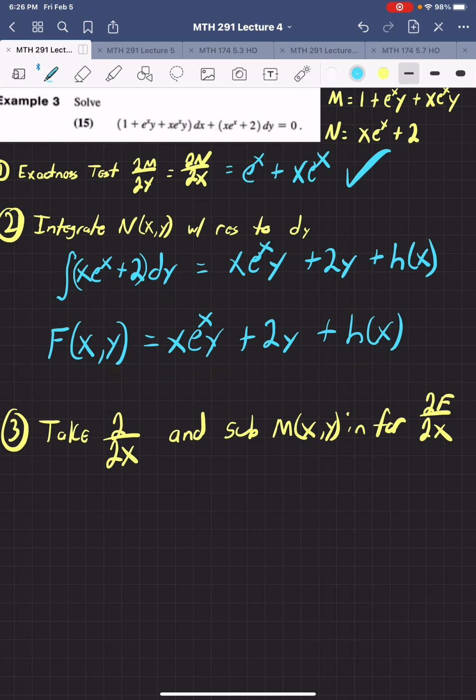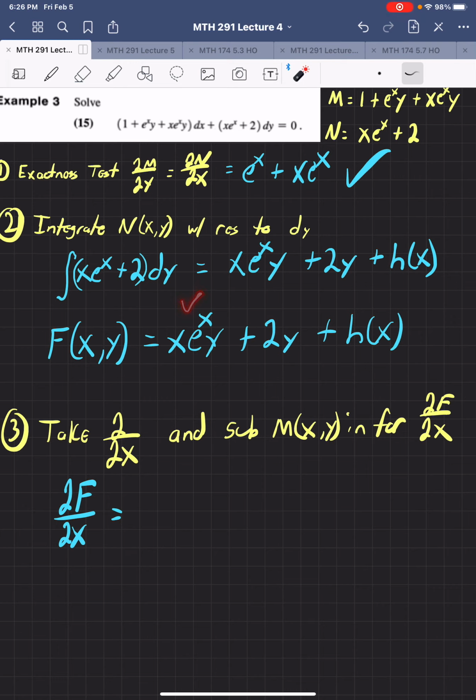If you take the partial of f with respect to x, we're in essence treating y as a constant. So we're going to go down the line.